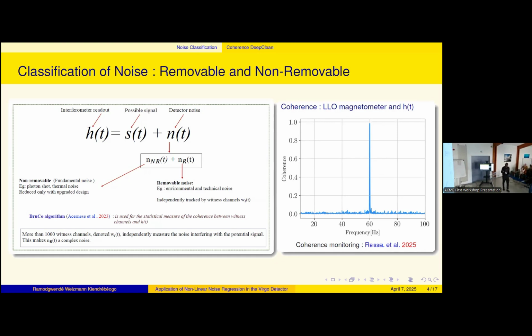For example, here is a coherence between a magnetometer at the LIGO Livingston detector and h(t). A coherence value of 0 means there is no correlation, and a value close to 1 indicates that this witness sensor can explain, and be used to remove, that part of the noise.